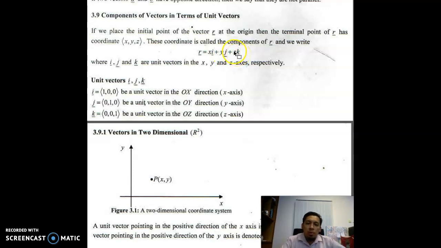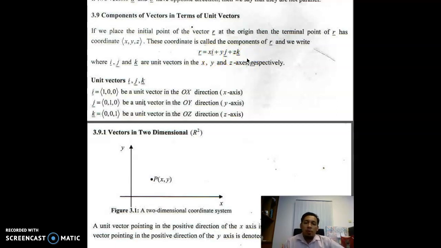Just like what we have learned before, this symbol here represents a vector. But what is different here is that this is a unit vector. A unit vector is actually a vector that is in one unit. The unit of each vector for i, j, and k here is 1.